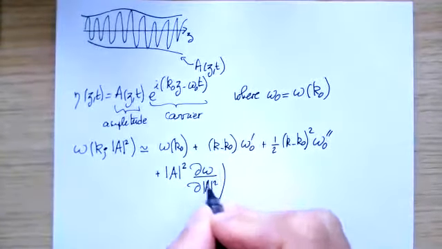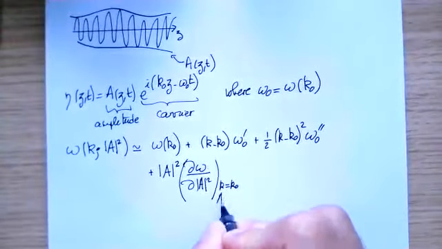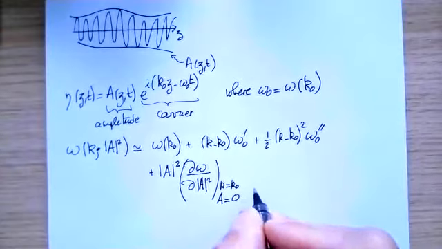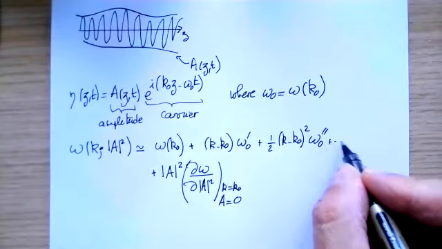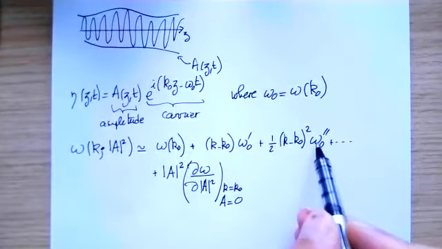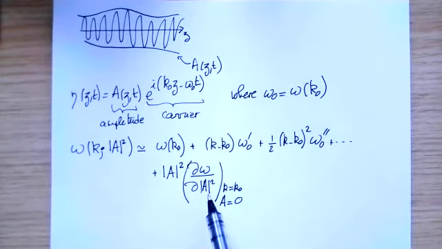And this development is performed at k equals k naught and around A equals 0. Okay, and it's a phenomenological way. So to this usual Taylor expansion, one adds an expansion also in terms of amplitude. This is explained in more detail in the lectures.